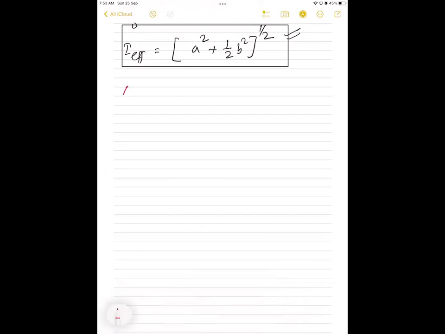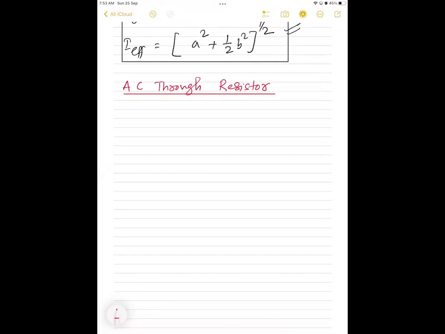AC through resistor. Students, a pure resistor of resistance R is connected across an alternating EMF.